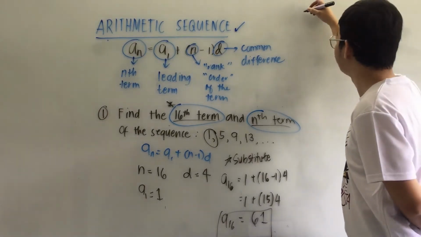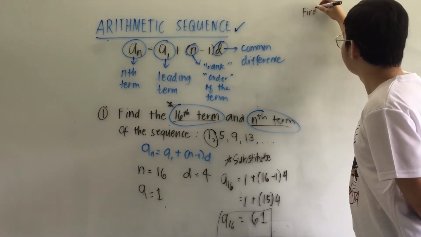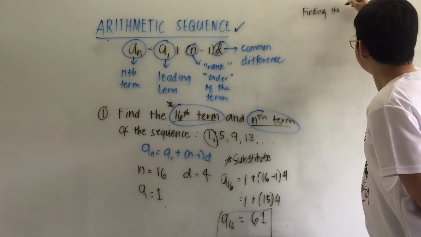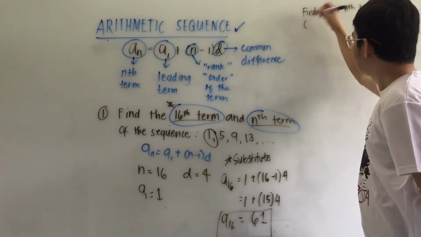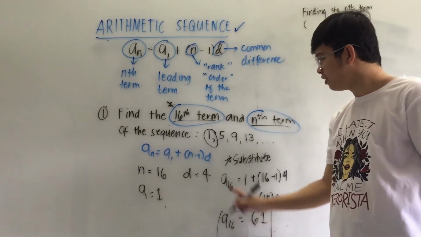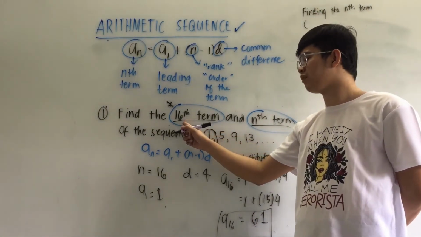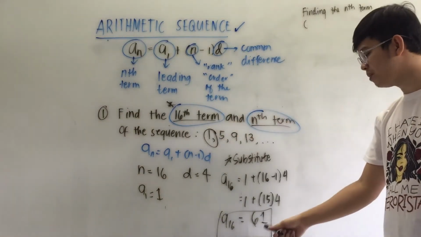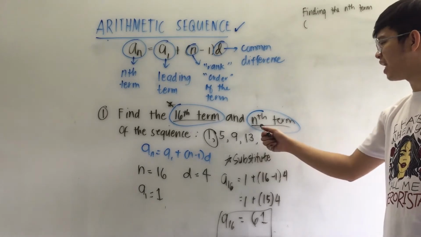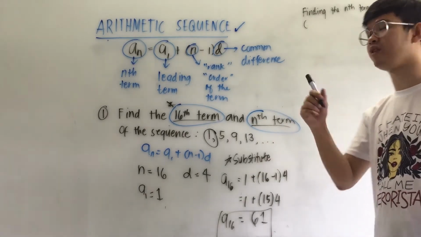So now we're going to find the nth term. If you have 16, if the given n is a number, you will be solving for a number. But since n is a variable, then you will be arriving at an equation.